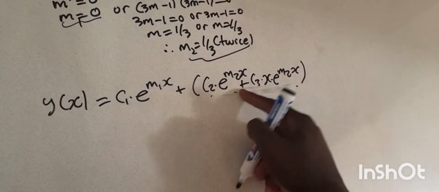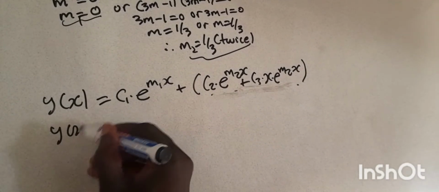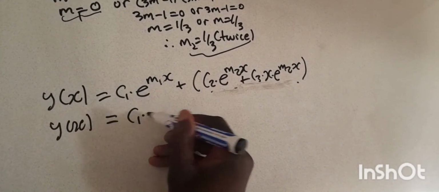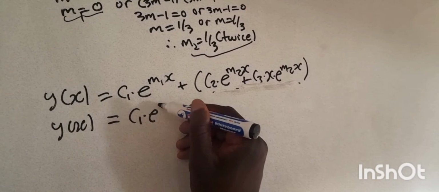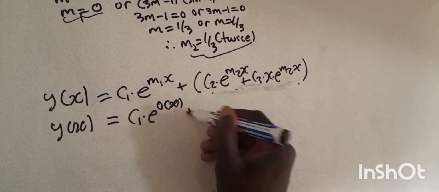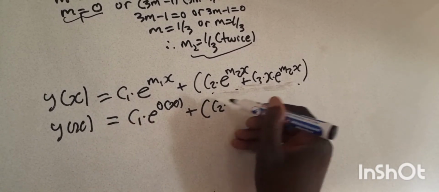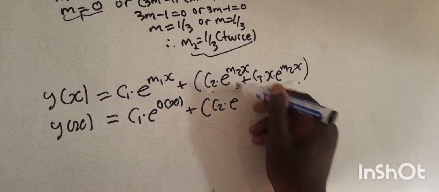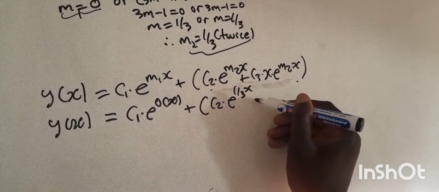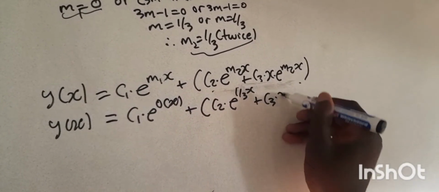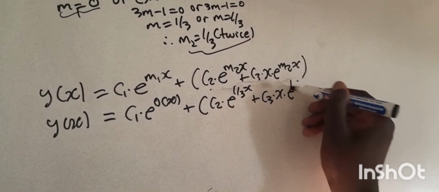So this will be y equals c1, where there's m, we're going to put 0, e to the power 0x, plus c2 times e to the power 1 over 3x plus c3 times x times e to the power 1 over 3x.